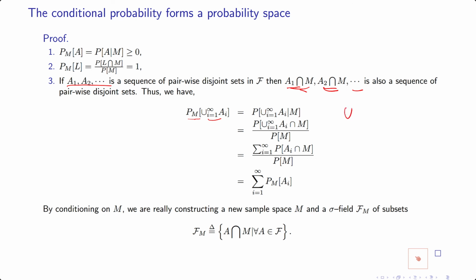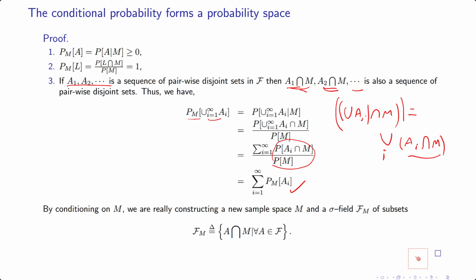You know that the union of AI intersection M is equal to the union over I of AI, intersected with M. And these are disjoint, so the probability of this becomes the sum of the probabilities, and you can see that this is just the conditional probability, because this is the definition of the conditional probability.